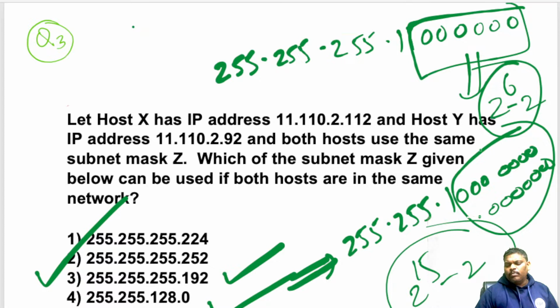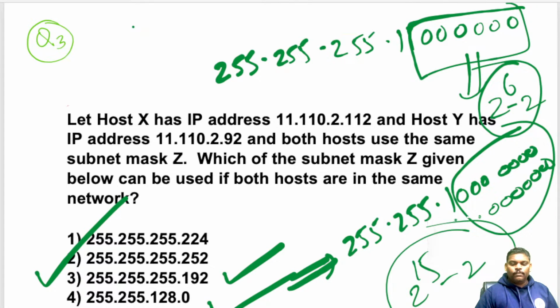So remember, both belong to the path only. One person is close to the destination, one person is on the way. So go close to the destination. I am repeating once again: a mask containing more ones means less host, and less host means you are very close to the destination. Right?